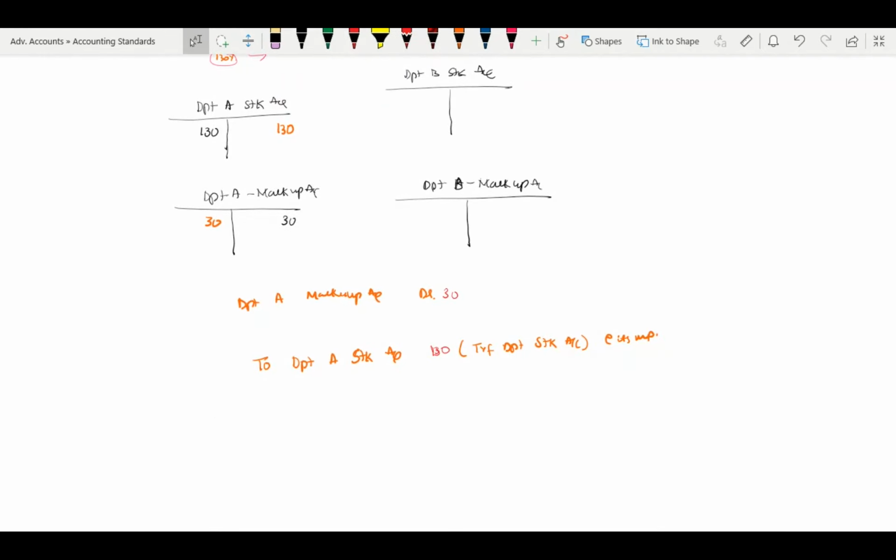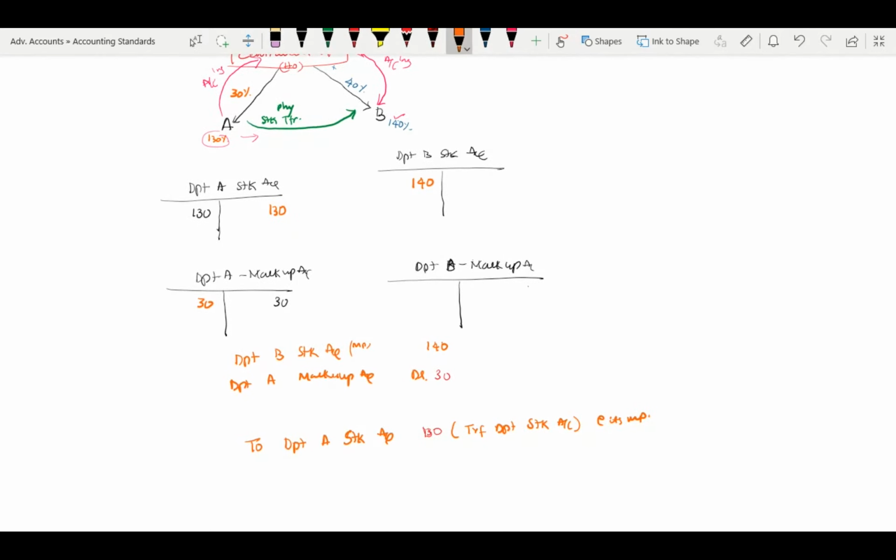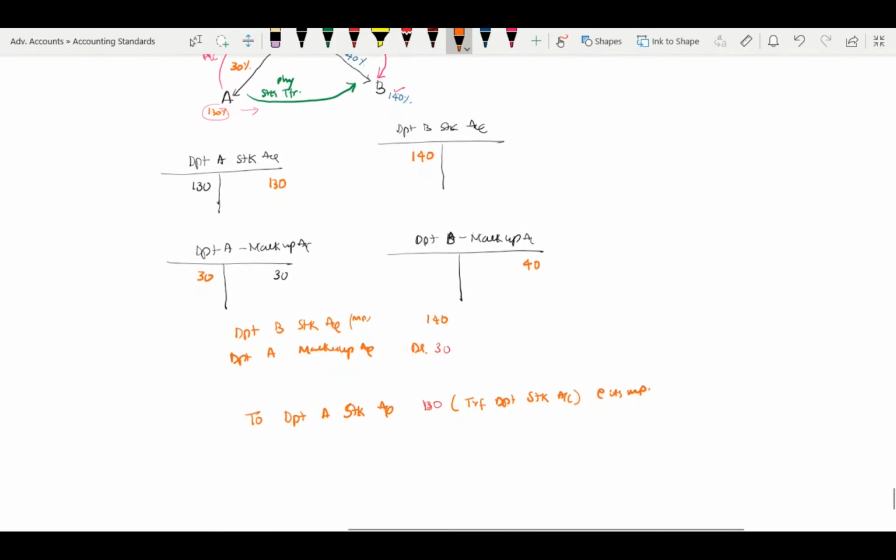Now the same entry I will record in the books of department B, the receiving department. There I have to record the stock at its markup, 140. So department B stock account at its markup 140, and in department B markup account I have to credit its loading of 40 rupees.